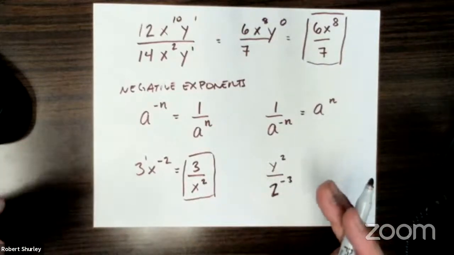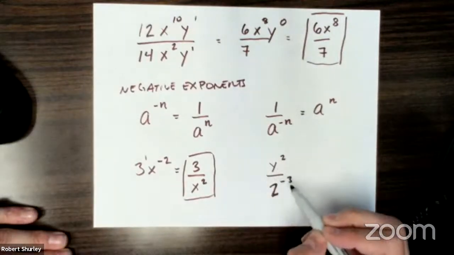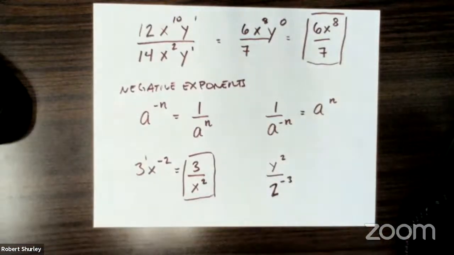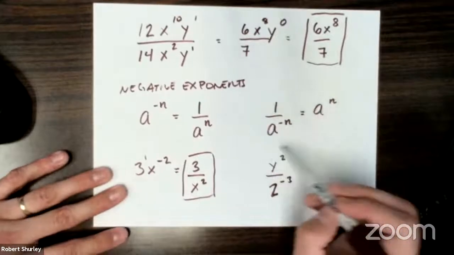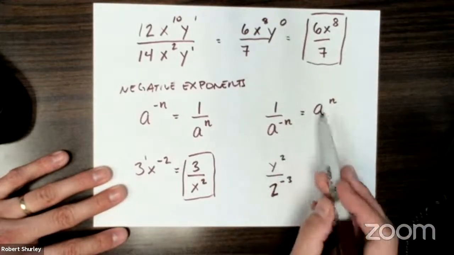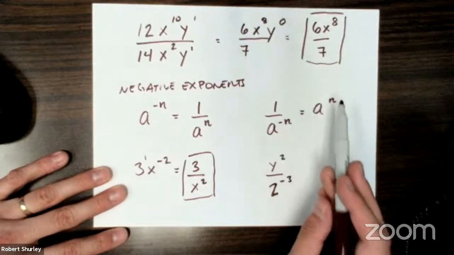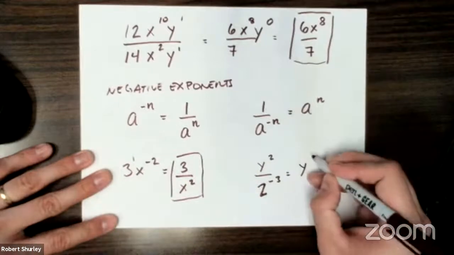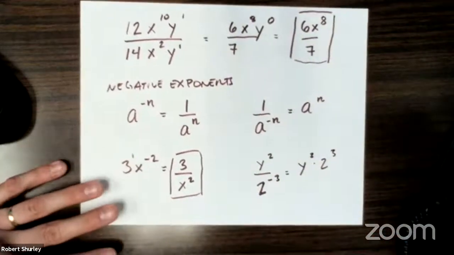Don't tell me it's negative 6 or negative 8. To get rid of the negative, then we can do the exponential arithmetic, but we have to get rid of the negative first. We're going to use this rule because it's in the denominator, so we can bring this to the numerator and make it positive. So this winds up being y squared times 2 to the third power.